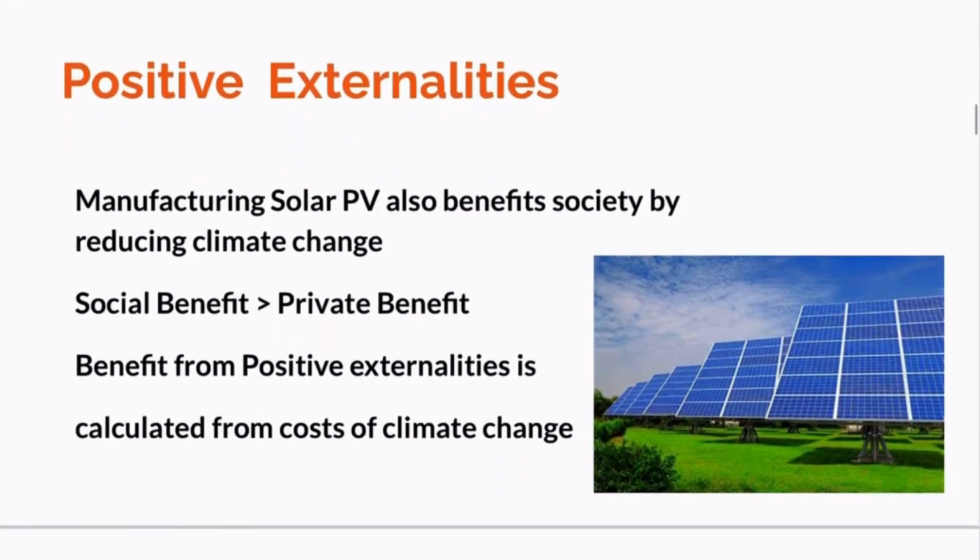Another example of positive externalities is the promotion of solar photovoltaic electricity. We all know that if there is a factory which produces solar PV panels, then when they are used by the consumers, that would displace fossil fuel based electricity. For example, in a country like India or China, people are using more coal based electricity, and that is impacting adversely on the climate change.